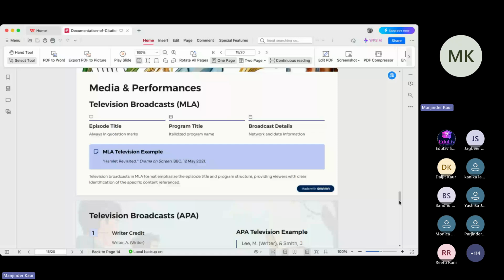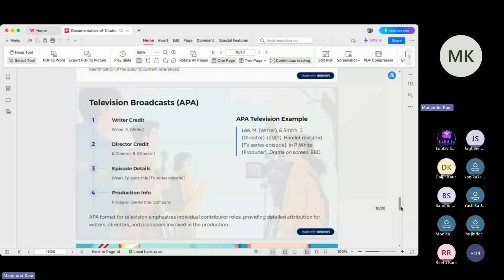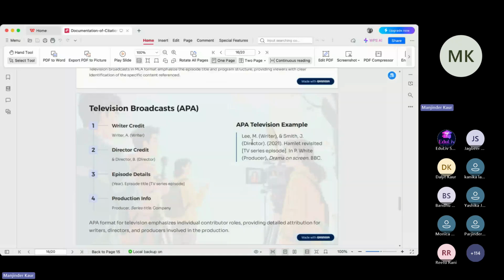Coming to television broadcast as per APA, right? We can see Lee, comma M. The first name is not written fully, only the first alphabet followed by period. He is the writer, comma, and again ampersand, that is the symbol of and, followed by the director's name.